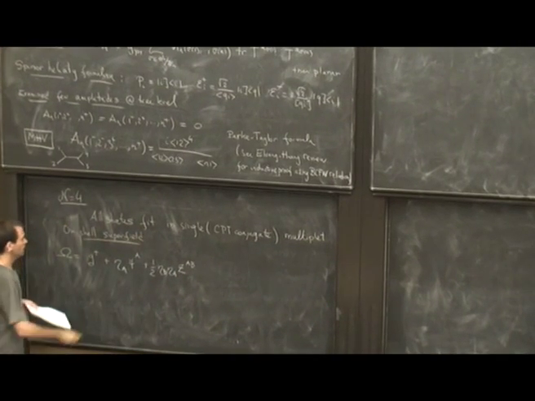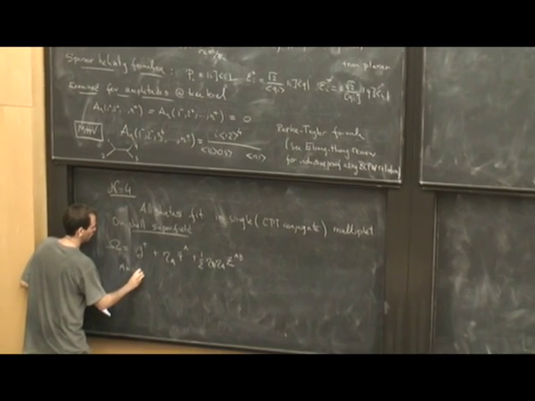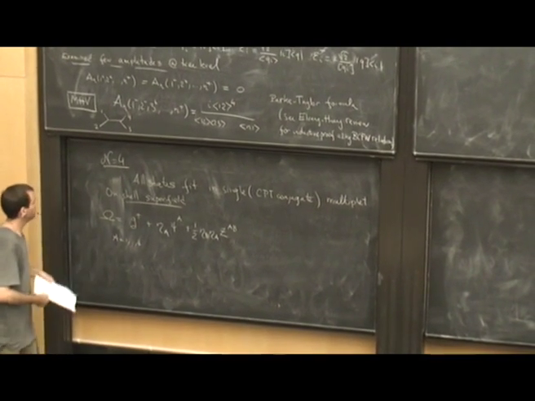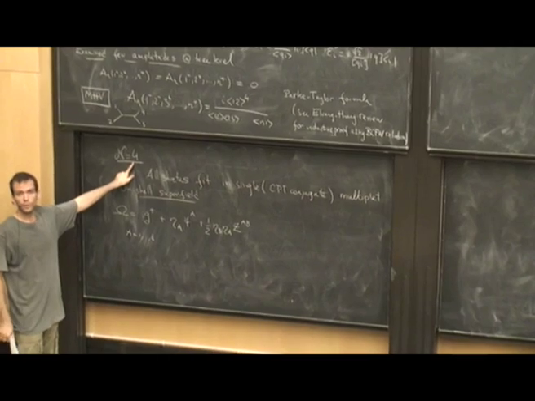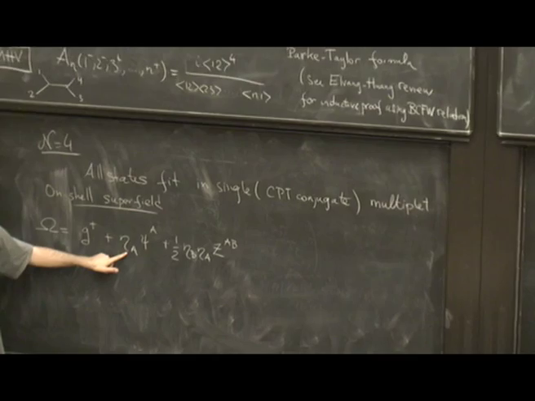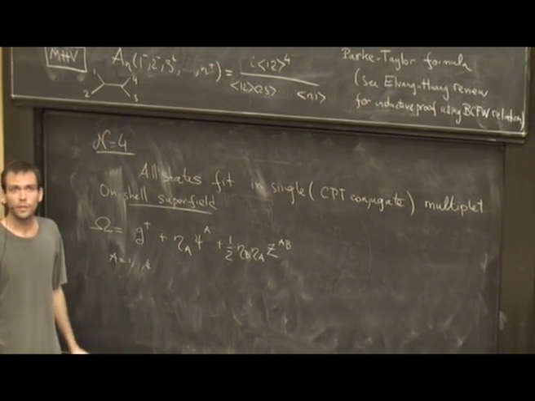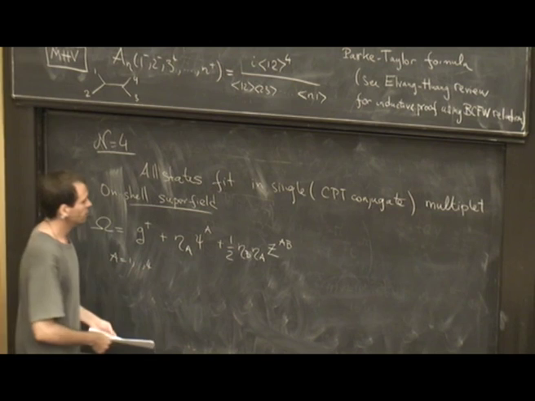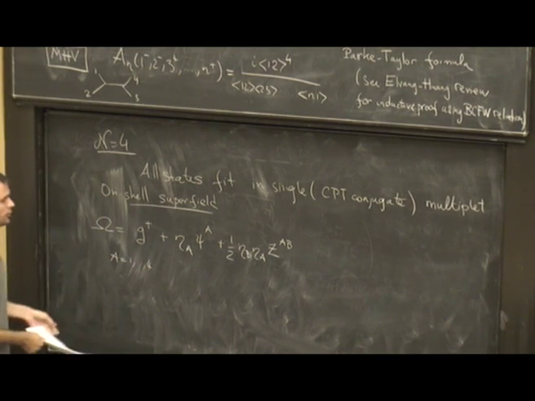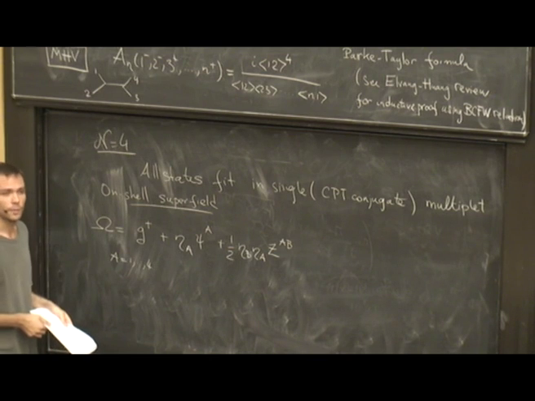Okay, so this A here, sorry, I should have told you, runs from 1 to 4. This is so because we have 4 supercharges, so I can choose 4 different ways of lowering the helicity, which means that this object belongs to a particular representation of SU(4) also, which is the R symmetry group associated with this N equal to 4 algebra.